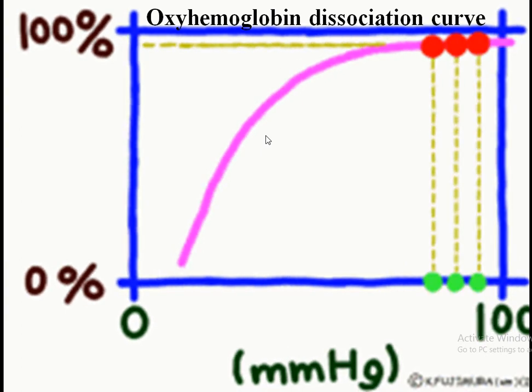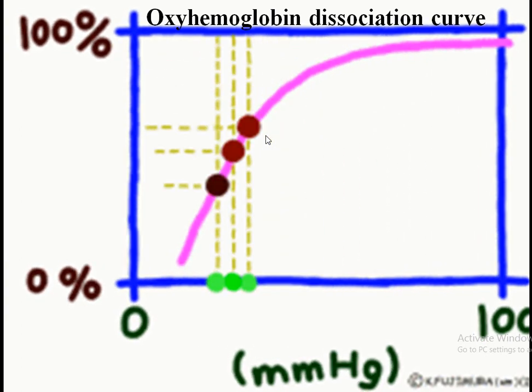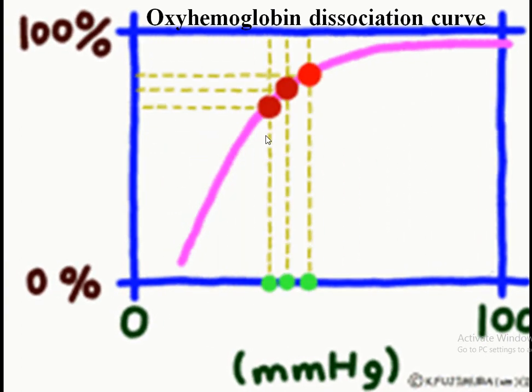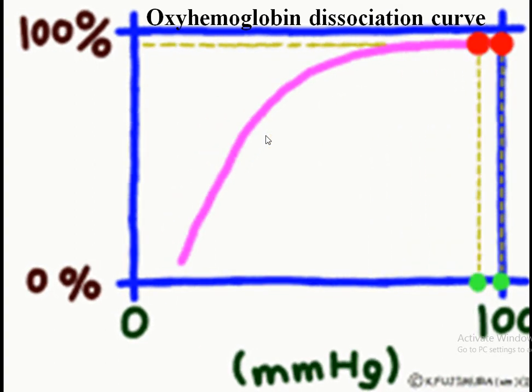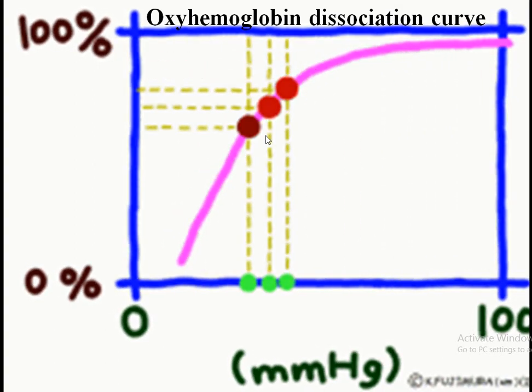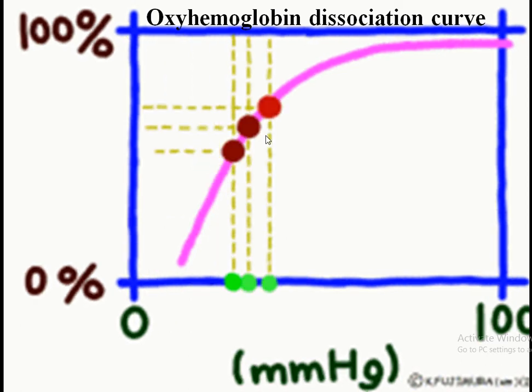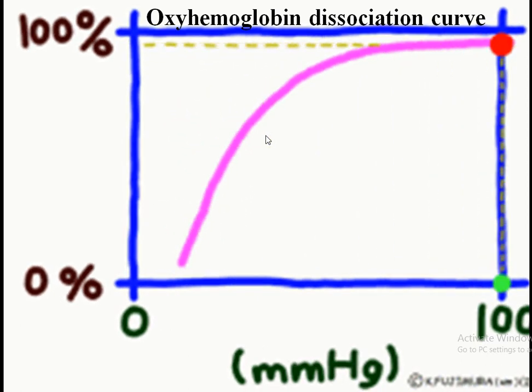At this stage, you must remember that the main function of the hemoglobin is to transport oxygen, to pick the oxygen from the lung level and to drop it to the tissue level.